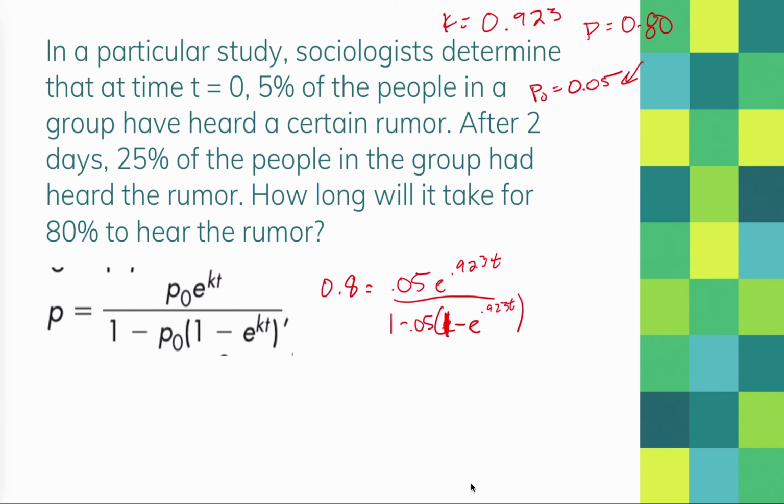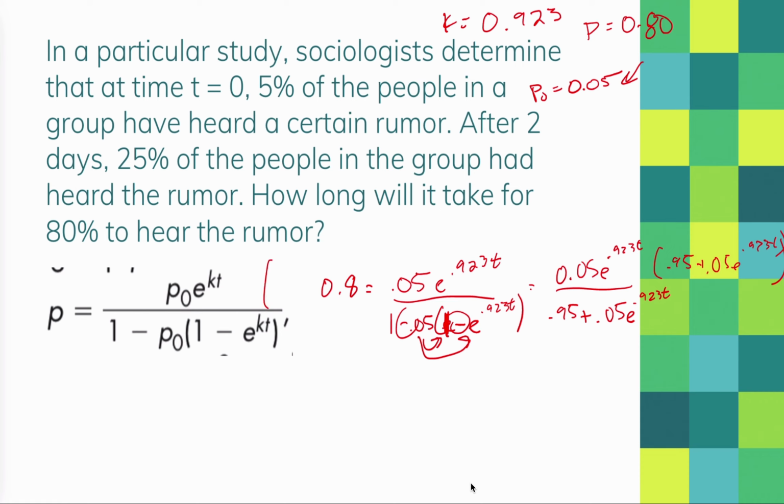And I'm going to do that same simplification here where I distribute this 0.05 and make this 0.95 plus 0.05 e to the 0.923t, because the minus and the minus make a plus. And we're going to multiply both sides by that denominator, 0.95 plus 0.05 e to the 0.923t.